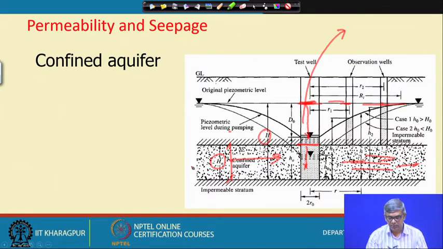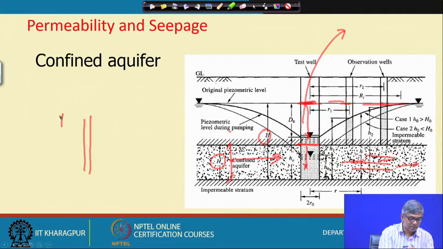Now, in what way is it different from the previous one? If I imagine a well at a distance r, this is at a distance r, all around the center. It looks unsymmetrical, but it is not, it is only because of my sketch.